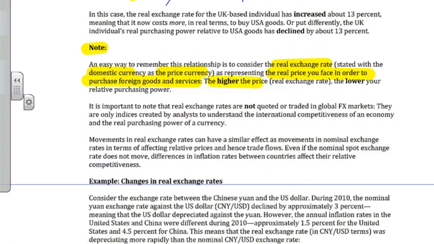The higher the price, the lower your purchasing power relative to that of the other currency. And we can see this with the developing or emerging markets, as they try to compete on the developed market stage. We often find that the purchasing power of the developing countries is a little bit lower relative to the developed countries.